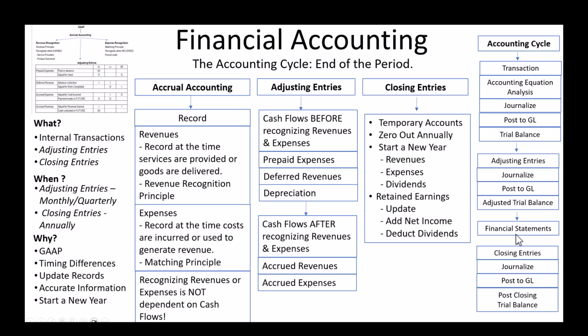Then at the end of the year, we journalize and post the closing entries and prepare a post-closing trial balance once again to make certain that debits equal credits and our books are in balance.